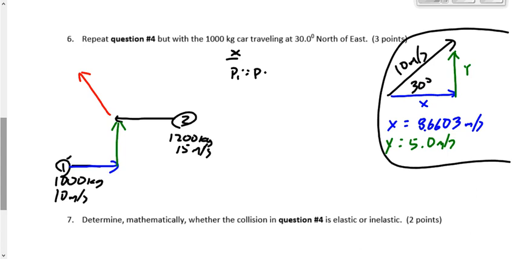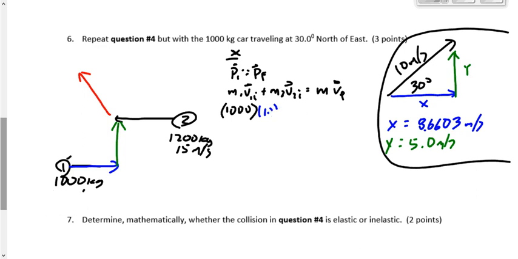Pi equals Pf. I'm going to say m1v1i plus m2v2i equals m total times Vf. m1 is 1,000. 1,000 times 10, the x component. No, it isn't. That's not 10.